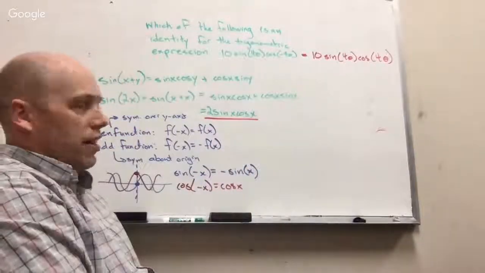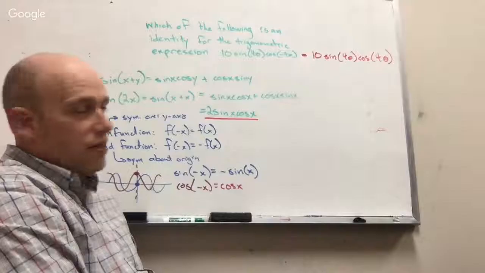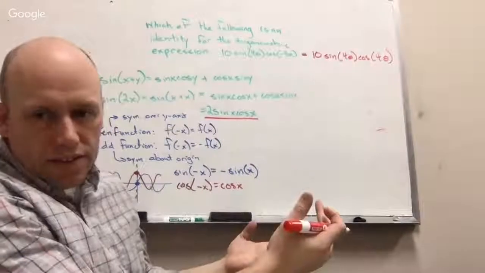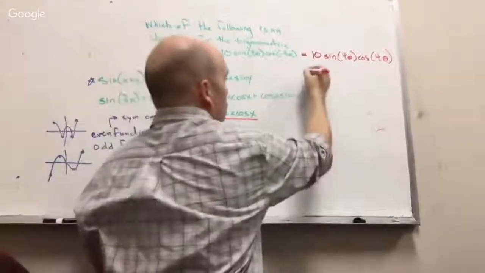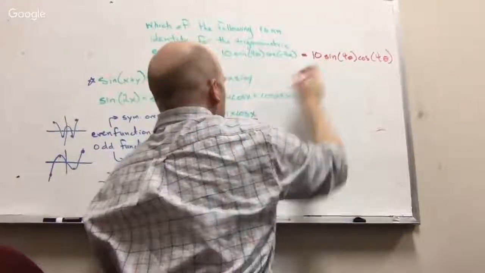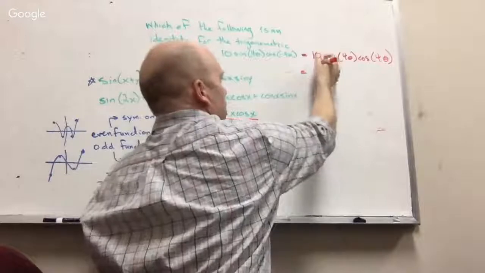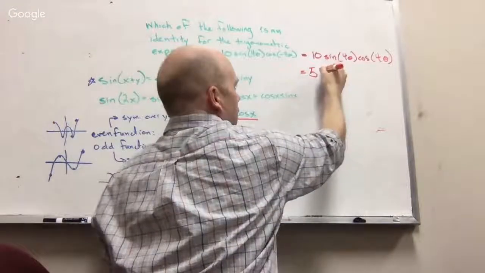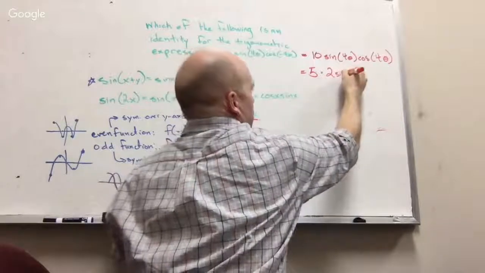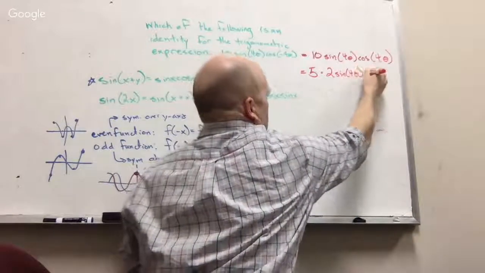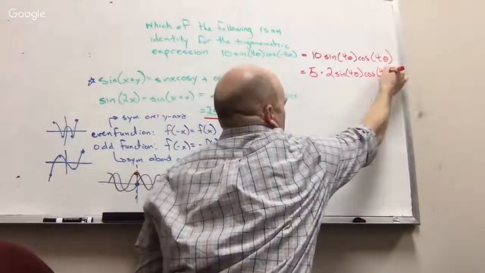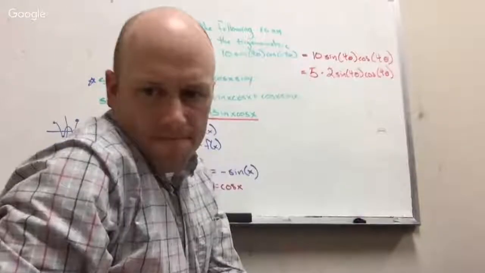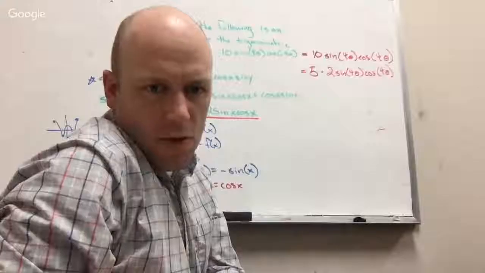So this looks an awful lot like sine x, cosine x. What's the x in this case? 4 theta. That's right. So if I want it to look exactly like that, I need that 2 here. I might notice the 10 is 5 times 2, and then I have sine 4 theta, cosine 4 theta. You with me there?